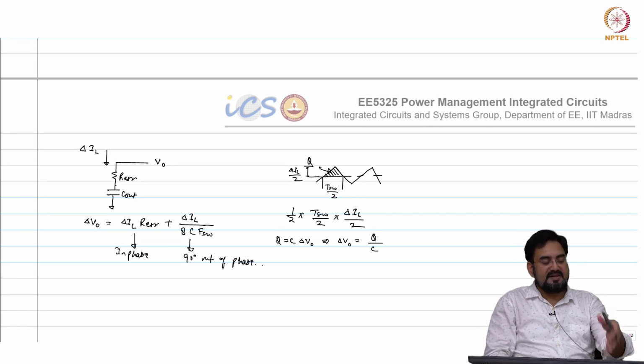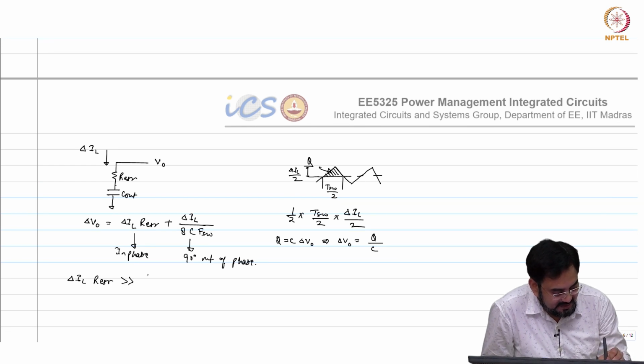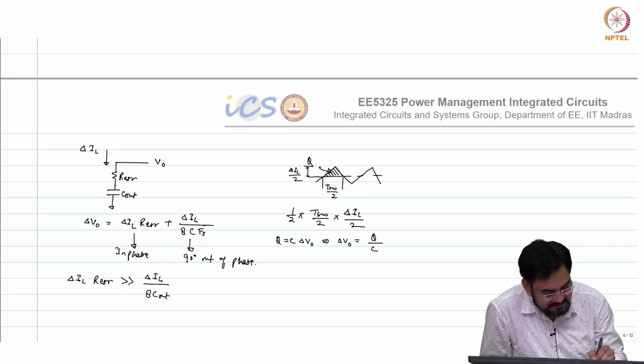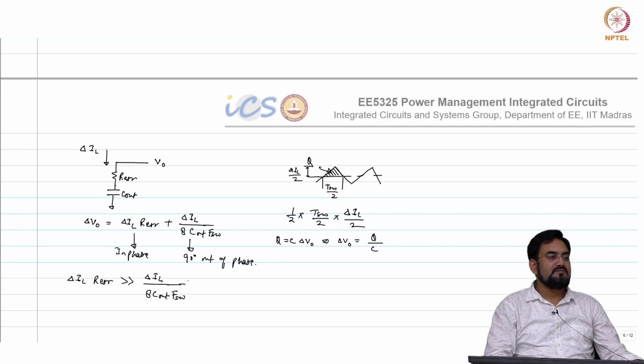Okay, and I am interested in phase, which means delta IL RESR should be much greater than delta IL over 8C FSW. Let us call it C out here. Okay.